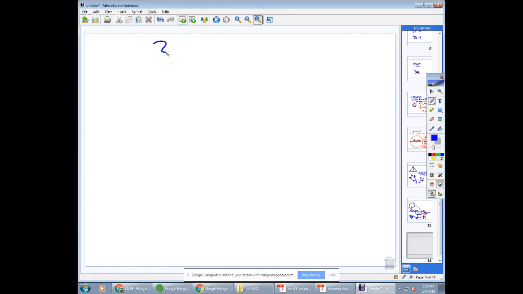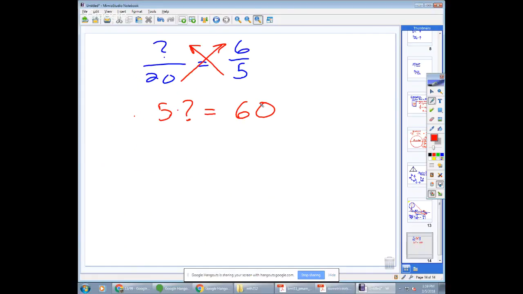So I've got question mark over 20 is equal to 6 over 5. The classic way to solve a proportion is to cross multiply and then divide. So then I'm going to get 5 question marks equals 6 times 20. And then we divide.